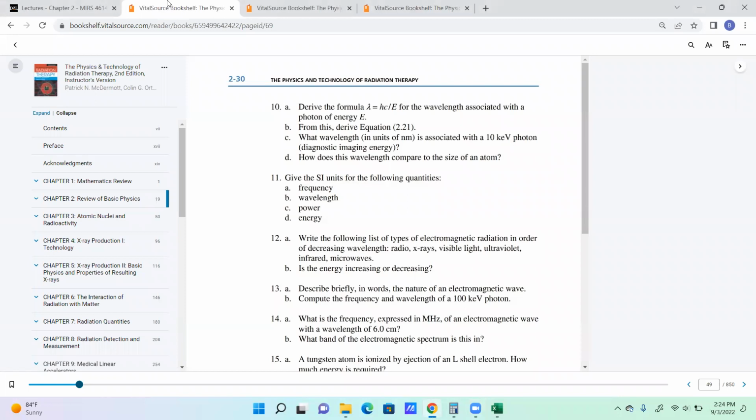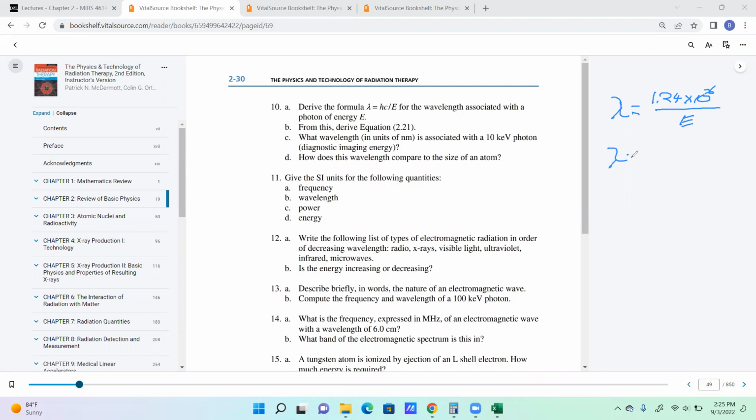So here, lambda is going to be equal to 1.24 times 10 to the minus 6 divided by the energy.